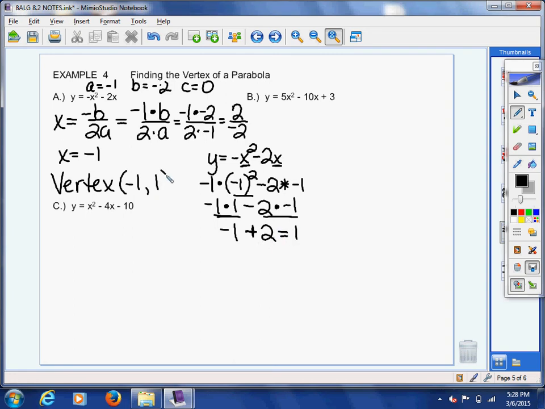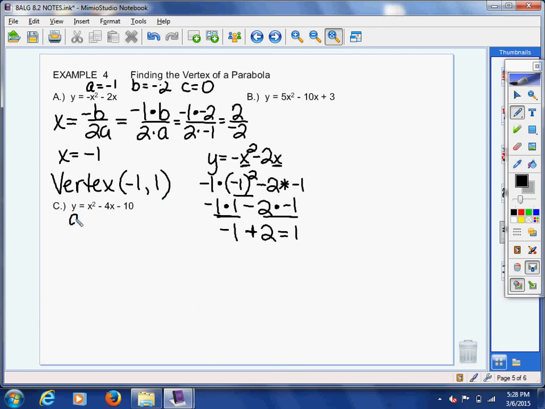So our vertex, for this particular parabola, is going to start at negative 1, 1. That's where it's going to start. It actually opens down because it has a negative coefficient out in front. And so that's going to be the very top of my graph. Okay? Let me do C with you.